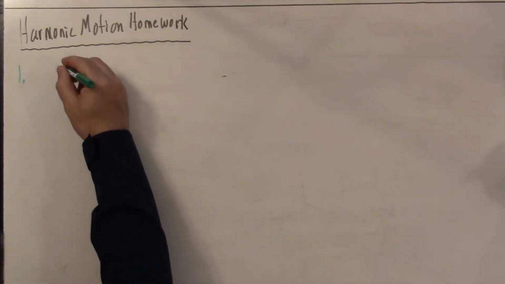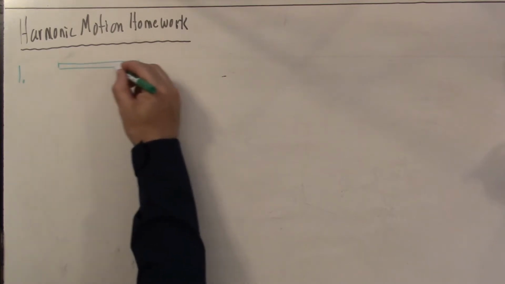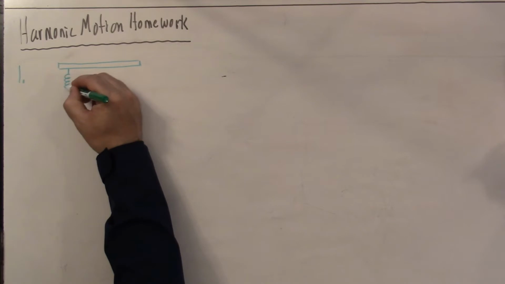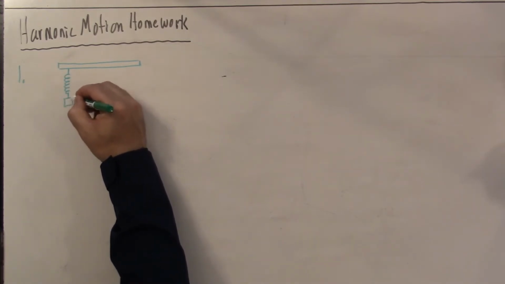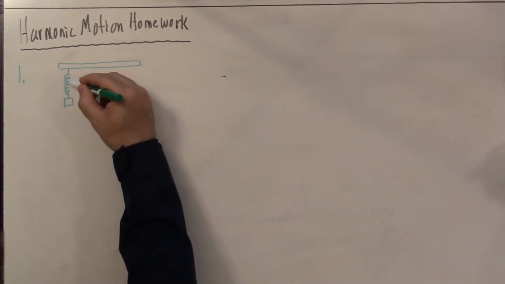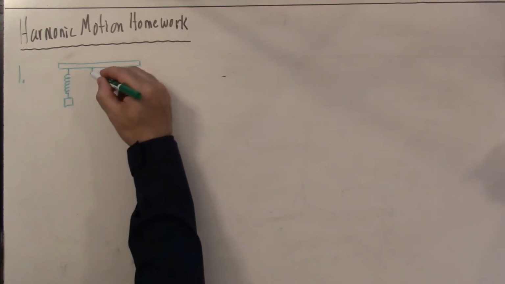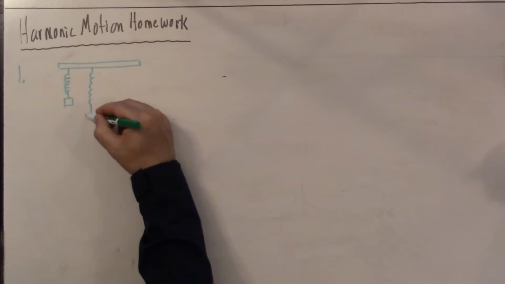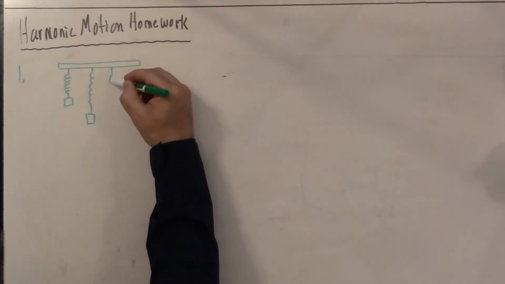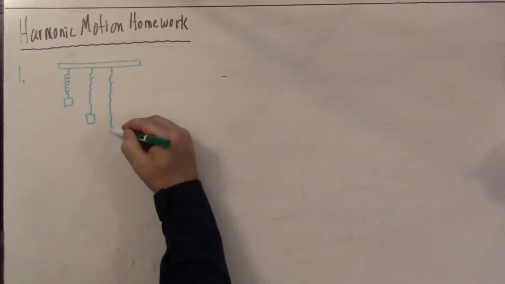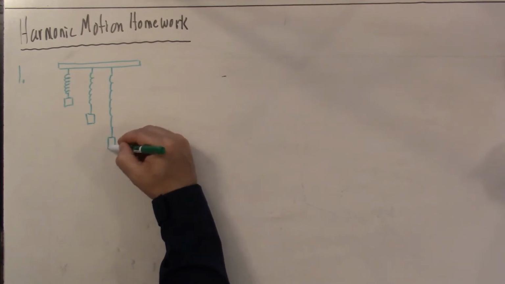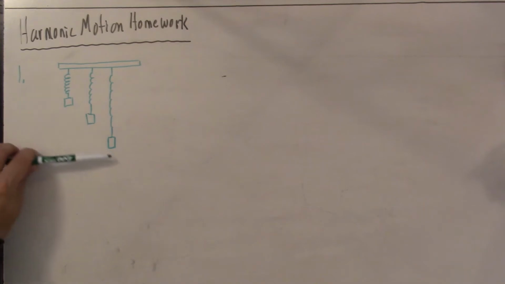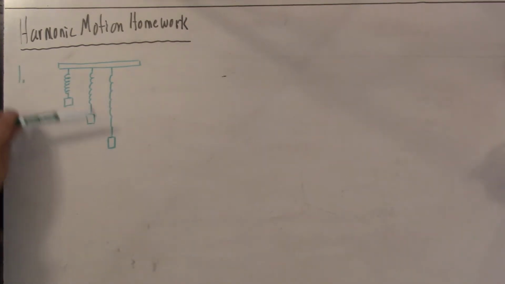In number one, what you have looks like a spring mounted on some sort of support, and here it's not stretched out very far, and then here it's a little more stretched out than here. What you want to visualize is it goes down and then up and then down and then up.